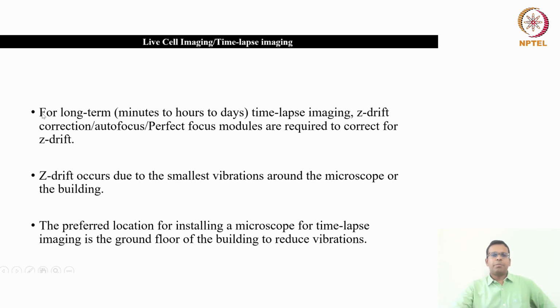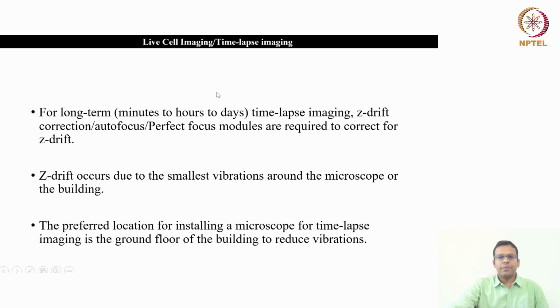Now, there are several practical considerations for live cell imaging or time-lapse imaging. For long-term time-lapse imaging, for minutes to hours to days, Z-drift correction, autofocus or perfect focus modules are required to correct for the Z-drift.